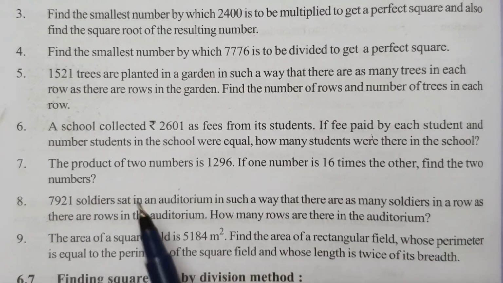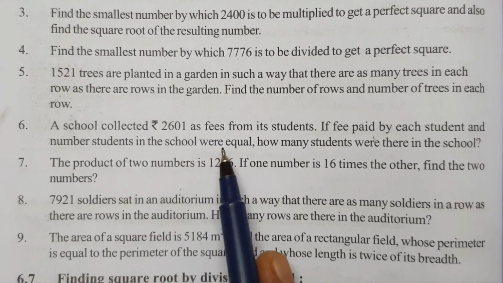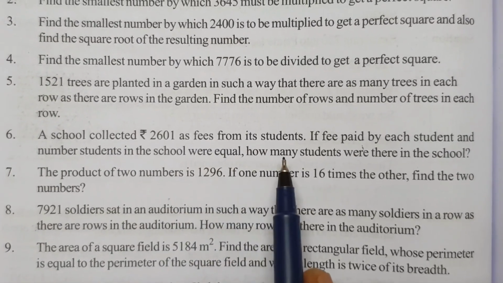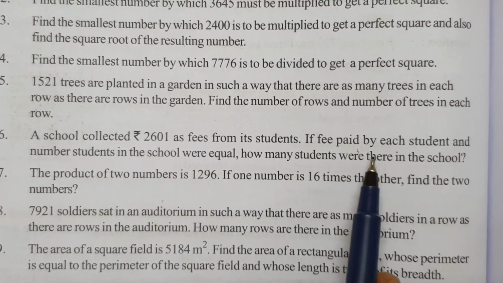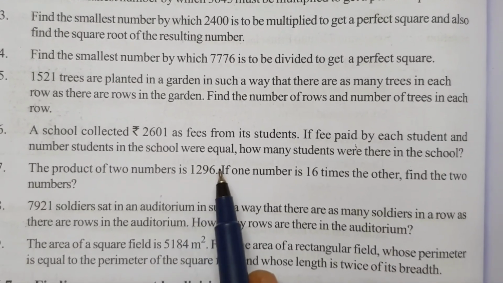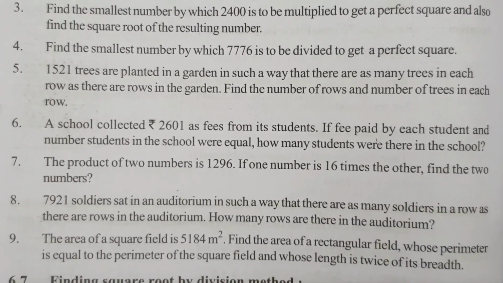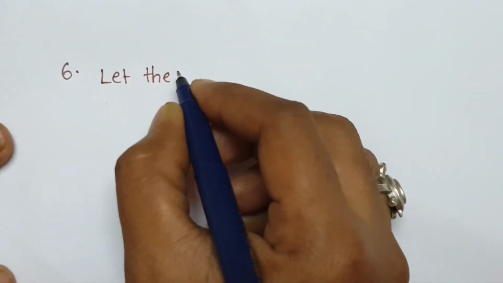Sixth question. A school collected 2601 as fees from its students. The fee paid by each student and the number of students in the school were equal. How many students were there in school? Answer.